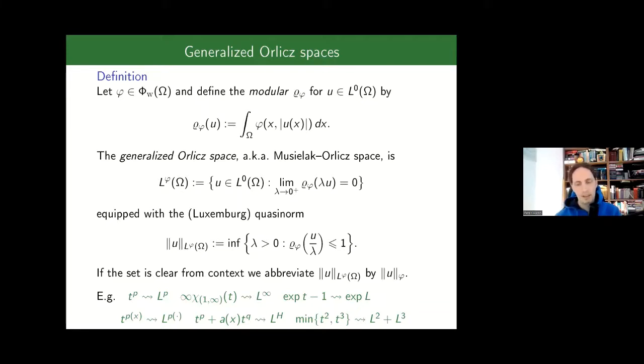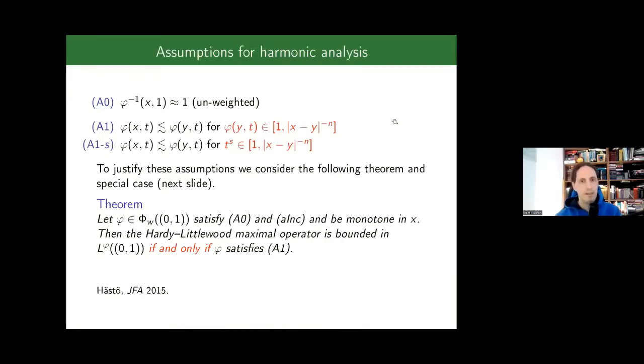So this is just standard, but now recently several people have been doing harmonic analysis and calculus of variations for this kind of growth, and then some additional assumptions are needed.